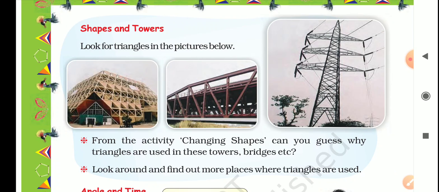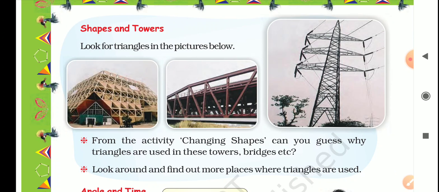So now here you have to write the one or the other things you are using in our day to day life, where you see that in many places triangle shapes are used. Like the pictures given about towers and bridges, you can write whatever triangle things you have found in your area.